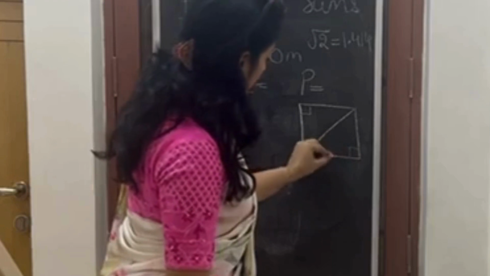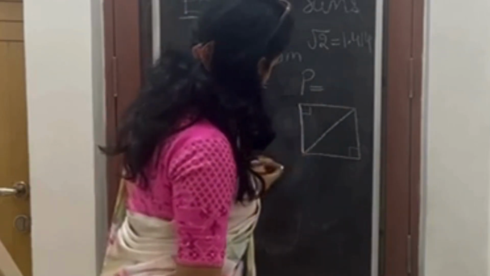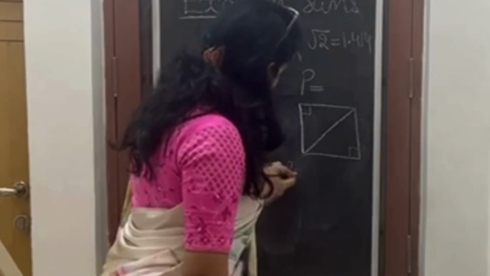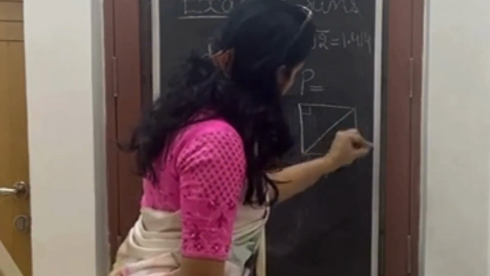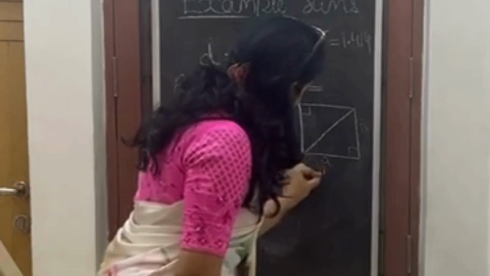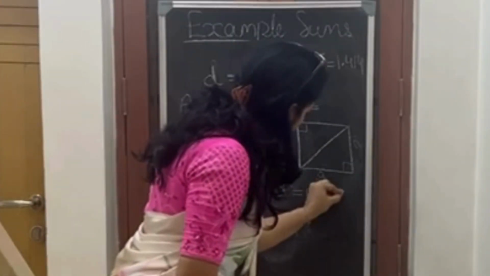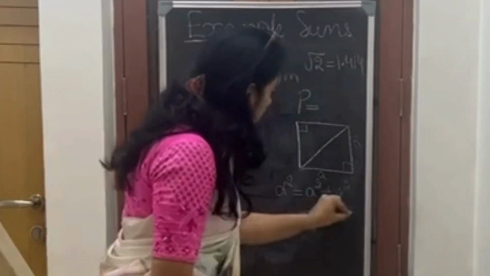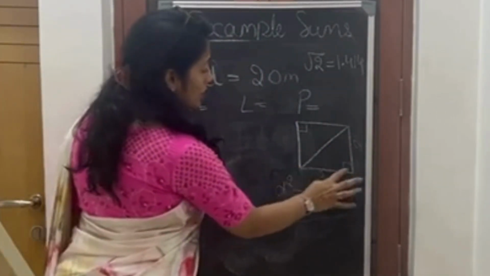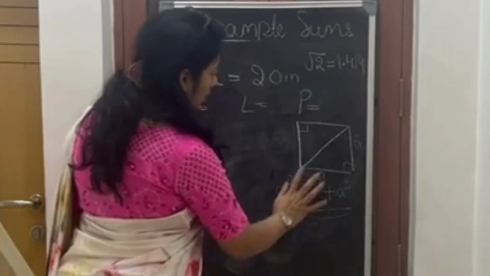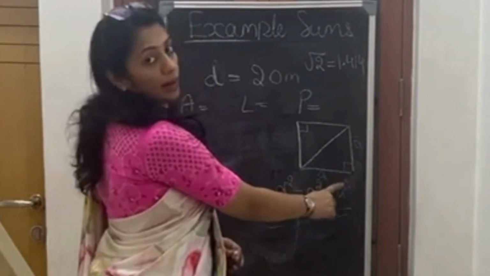Because this is a right angle, the Pythagoras theorem will say diagonal square is equal to the sum of the side squares. You have to remember this. Always when this is a right angle.